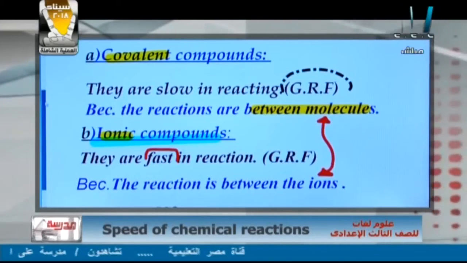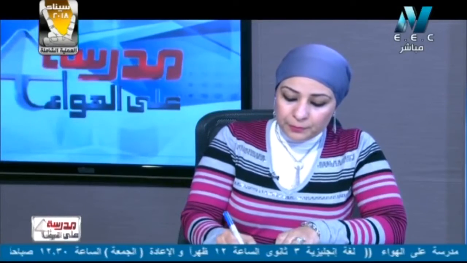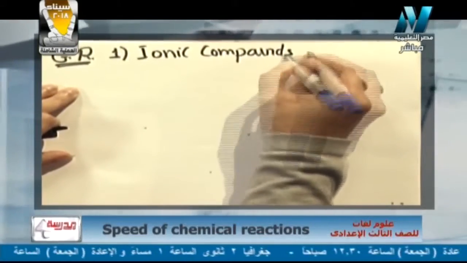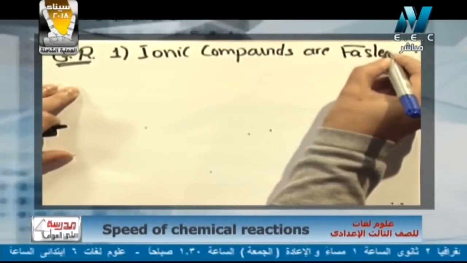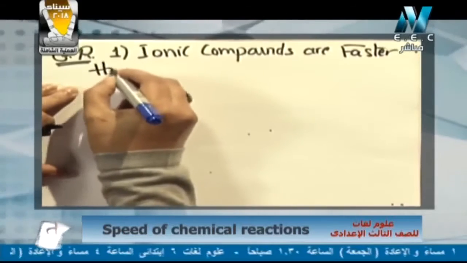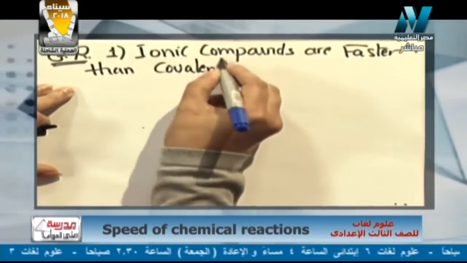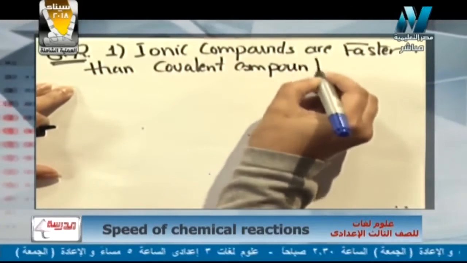Okay, so we can summarize this point in one give reason for: ionic compounds are faster than covalent compounds.